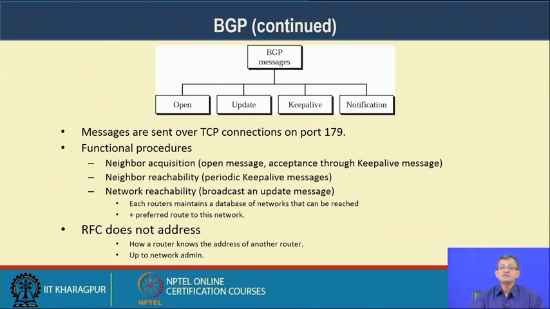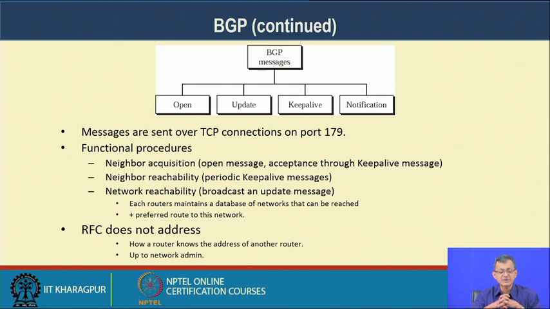Keep alive basically says that the router is ready for receiving messages. It is sort of a beacon. If there are some erroneous or sudden conditions which need to be alerted, the notification is used.